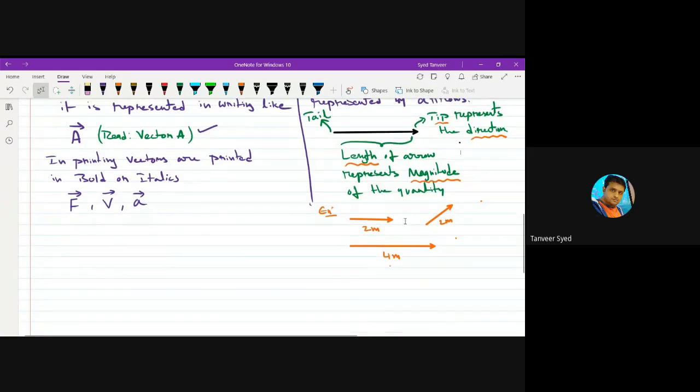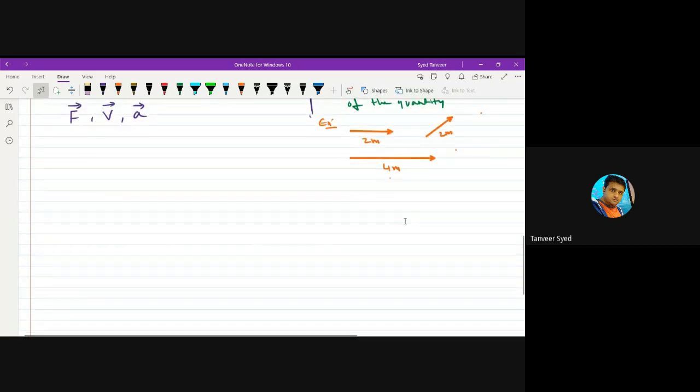Any vector is represented only by arrows. If I want to tell you that a car is getting accelerated by 2 meter per second square in east direction, I will show that like this. Acceleration is equal to 2 meter per second square. If the acceleration is 2 meter per second square in north direction, I will show it like this.